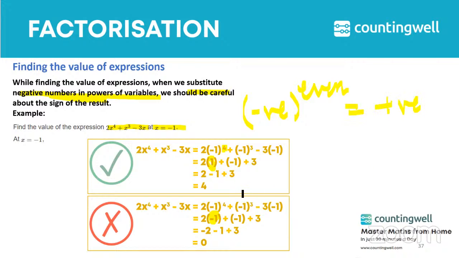When we take an odd power of a negative number, we get a negative number. So here you can see minus 1 cube is minus 1, and minus into minus will be plus. So this is the correct method of evaluating this expression.